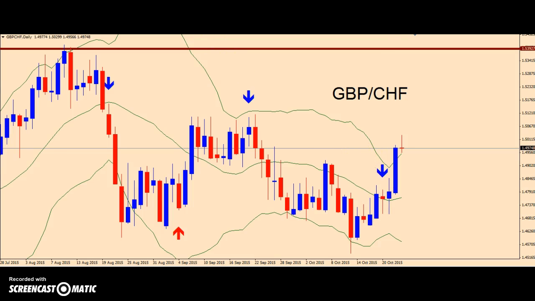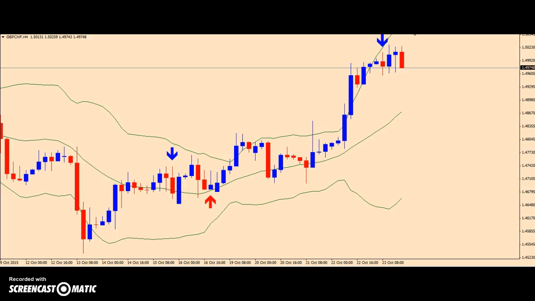So you might want to drop down to the 4 hour there and just put an open price down here somewhere at 1.4927. Your stop loss just up top here, and just see if it activates.